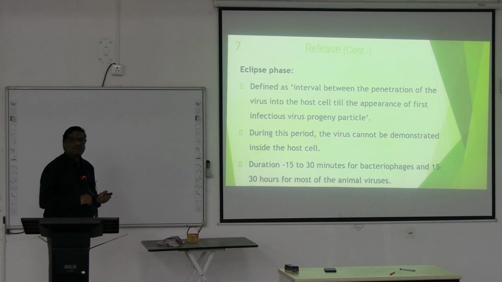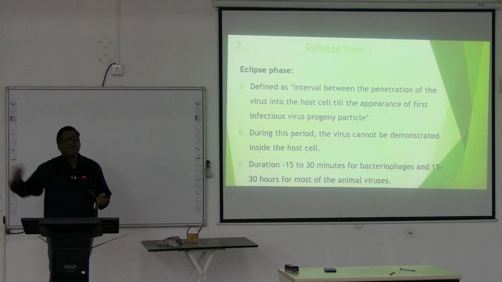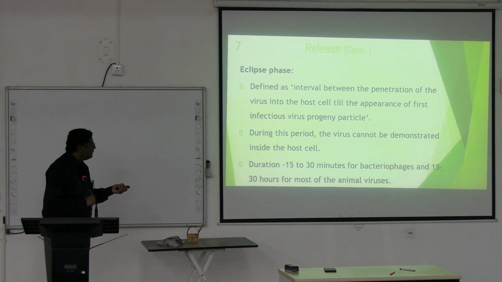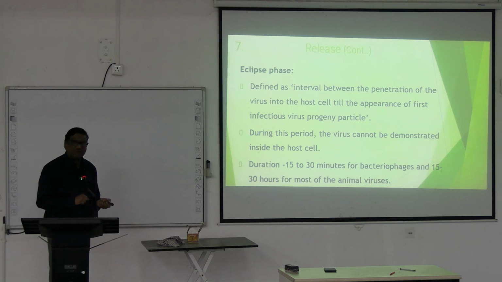The active phase is the entry of the virus inside the host cell and the release of the mature virus. The duration is 15 to 30 minutes for bacteriophage and 15 to 30 hours for most animal viruses.